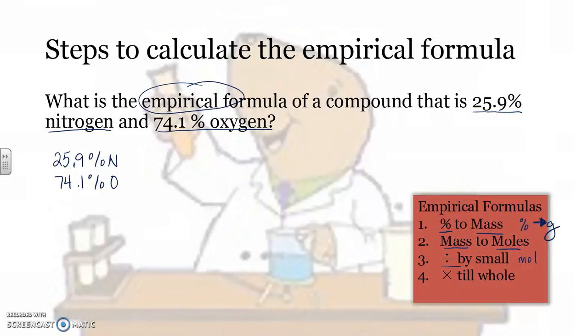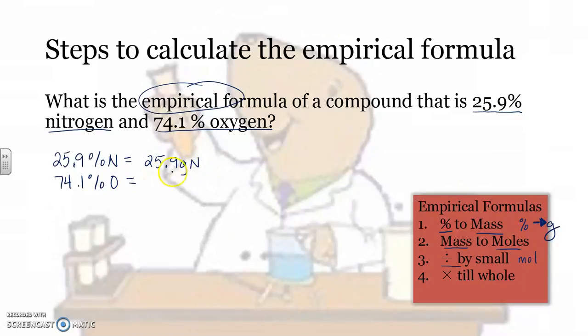Okay, if we take 25.9 and we add it to 74.1, we get 100. Okay, so we're assuming that this is 100%, and let's go on ahead and make the assumption that it's 100 grams. If we make that assumption, we can say that 25.9% is equal to 25.9 grams.